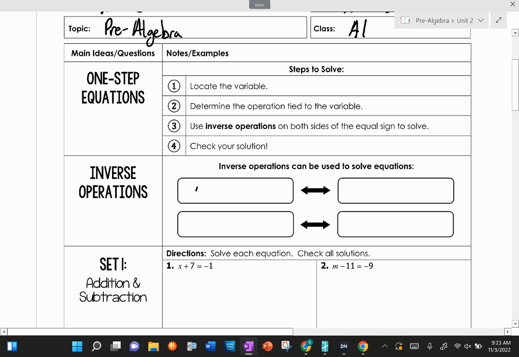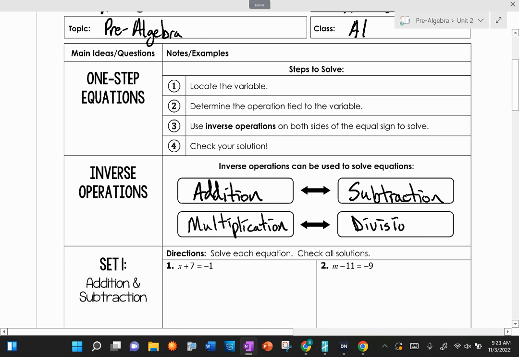So the opposite of addition, or the inverse of addition, is subtraction. And the inverse of multiplication is division. So far, so good.